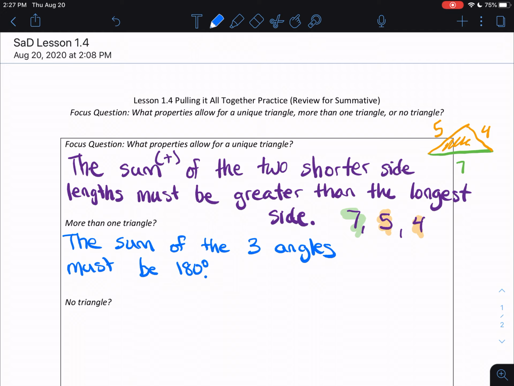We saw that there were two triangles with the exact same angle measurements but different side lengths. They were what are called similar triangles, but you can make more than one triangle.